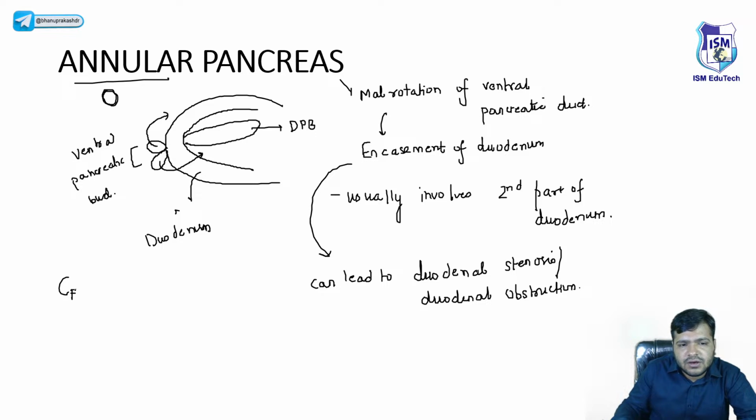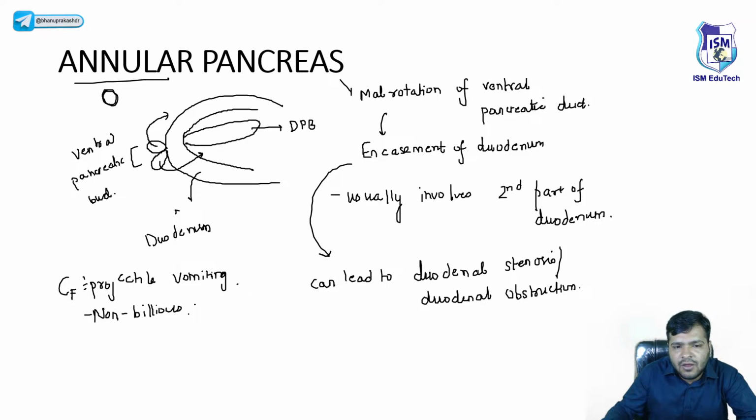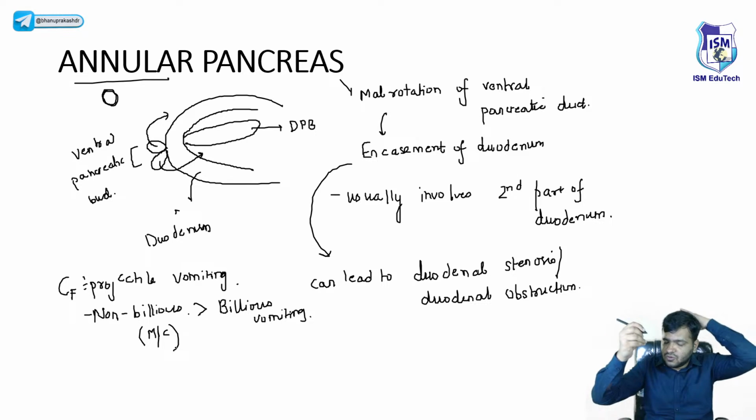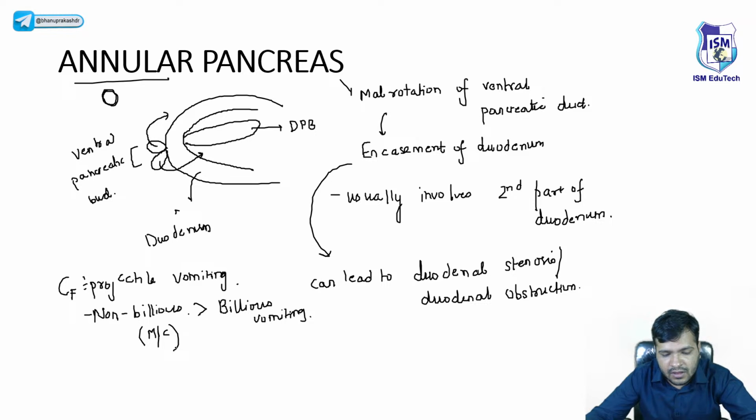Now, clinical feature over here, guys, you will see projectile vomiting, non-bilious, followed by bilious vomiting. Bilious vomiting कहने का मतलब है non-bilious is more common than the bilious part. ठीक है, because you already know the biliary tract is also opening over here, so it can be bilious vomiting as well.